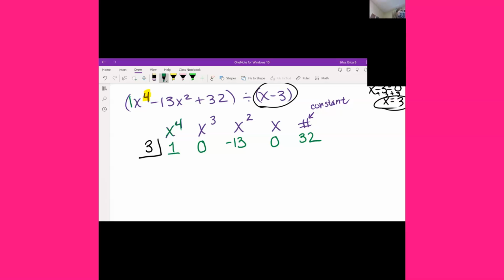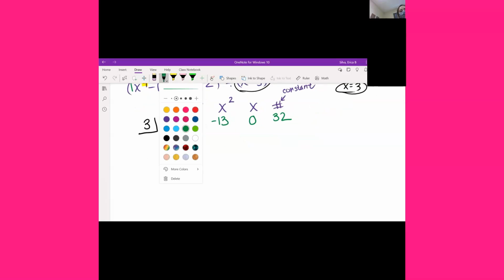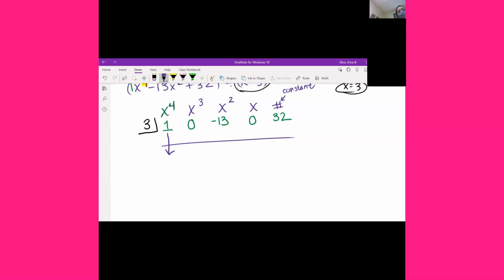Questions so far? Easy peasy so far? All right, here we go. First step, when we start solving, we're going to bring this first term down, which is 1.